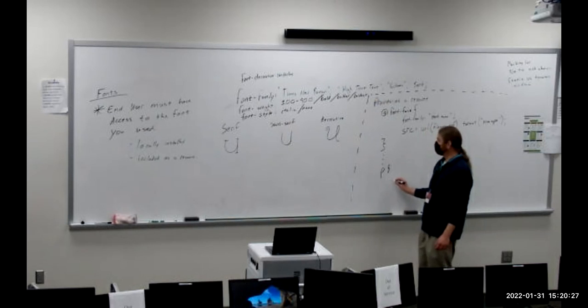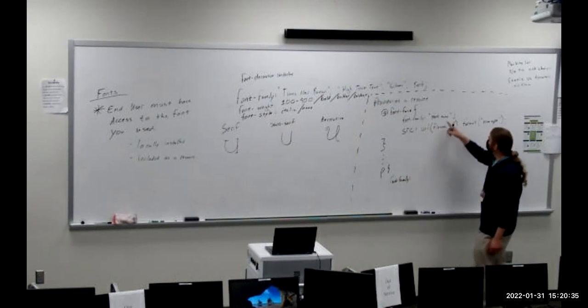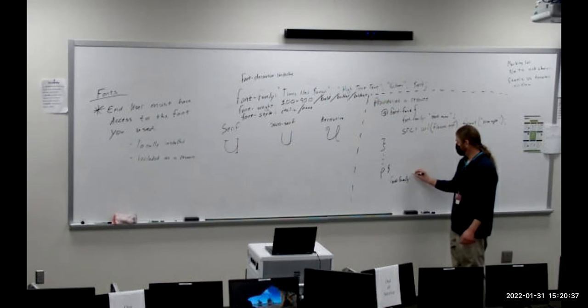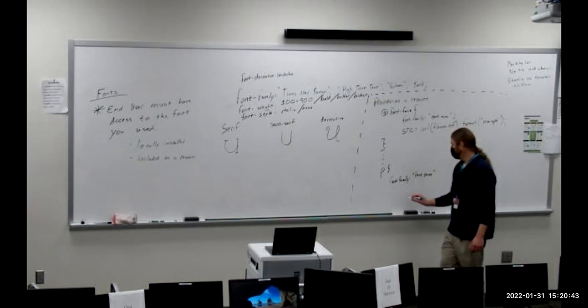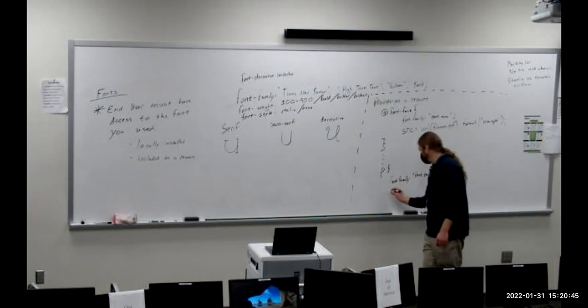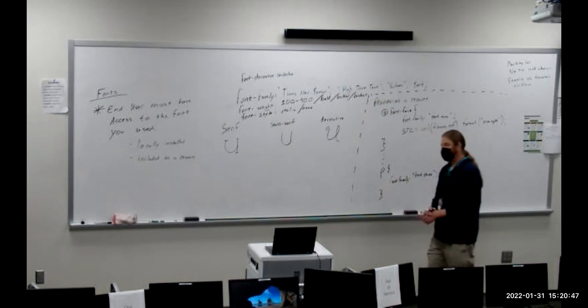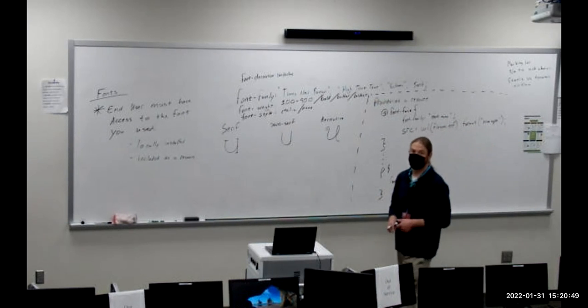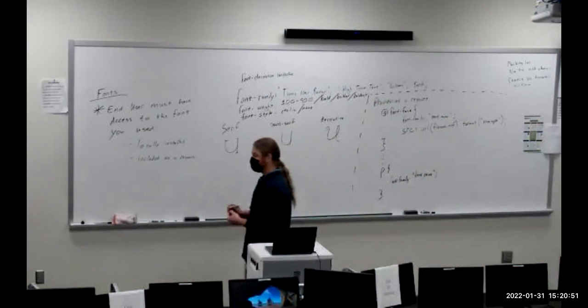And in that selector, we'll say font-family is going to be this font name we set. And then we don't have any worries whatsoever about whether or not that user has the font installed.